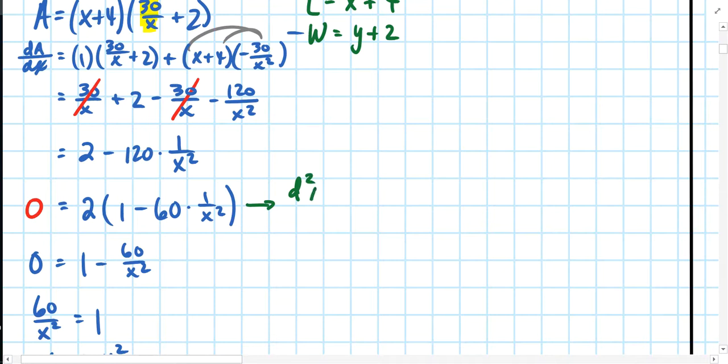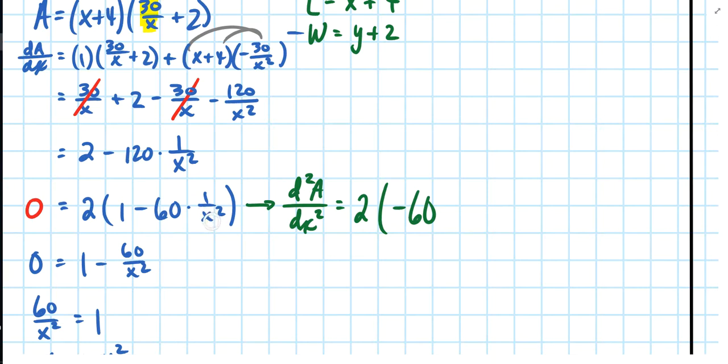So d squared A over dx squared. This 2 is acting like a coefficient, so I'm just going to copy that and then consider the derivative of 1 minus 60 over x squared. And, well, the derivative of 1 is nothing. Minus 60 over x squared. So that minus 60, again, acts like a coefficient, and the derivative of 1 over x squared.